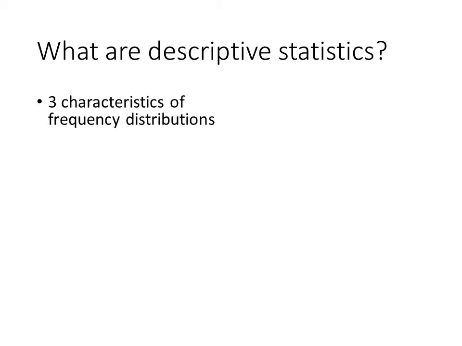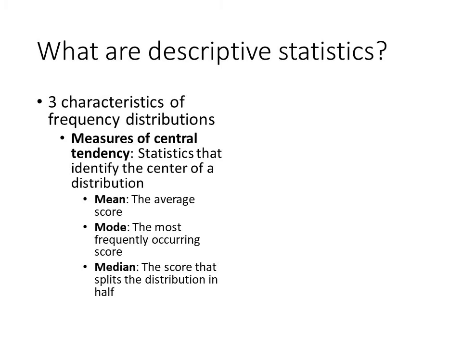We can look at at least 3 different characteristics of a frequency distribution in order to better understand it. Measures of central tendency, variability, and skewness. The mean, median, and mode of a distribution are called its measures of central tendency, because these statistics help us identify the center of the distribution, where most people fall or score.